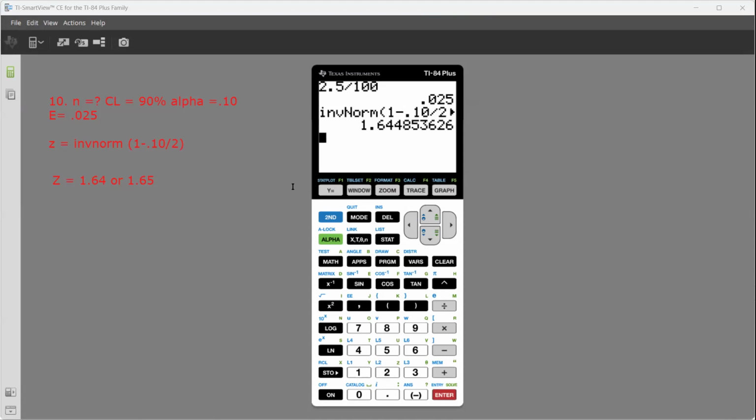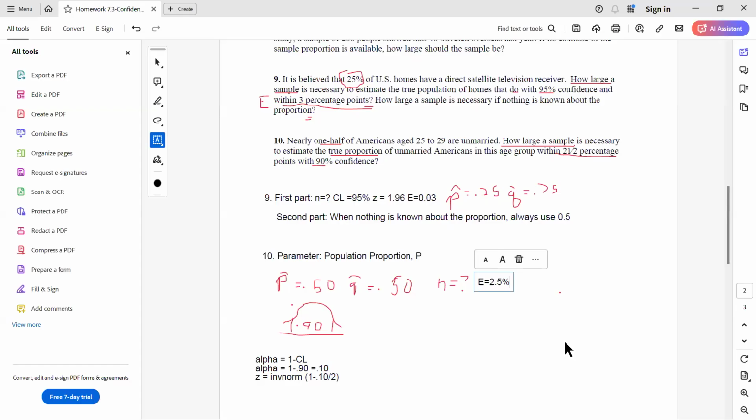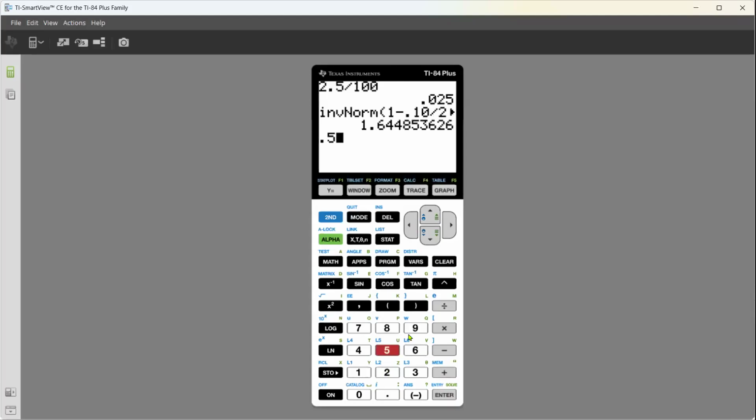So let's do your n here. Remember p hat, and we had, let's go back. So we have p hat was 0.5 and q hat was 0.5. So now this is going to be p hat, which is 0.5. Oh, if you want to put the 0, you can.